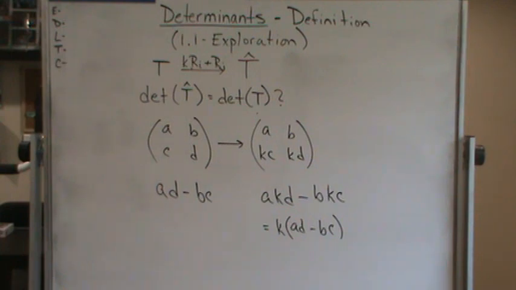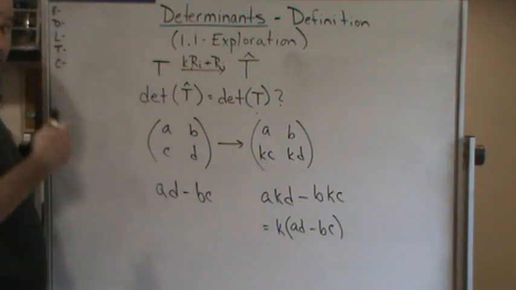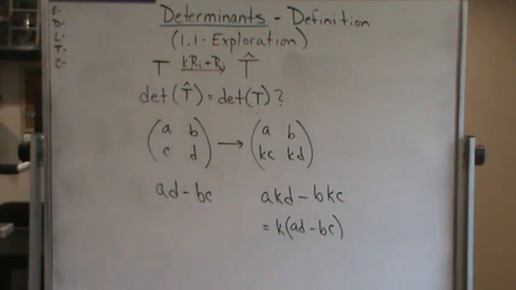And of course, if we investigate the 3 by 3 case, we'll find out the same thing: that you can actually factor out the k, so the whole determinant gets multiplied by k.